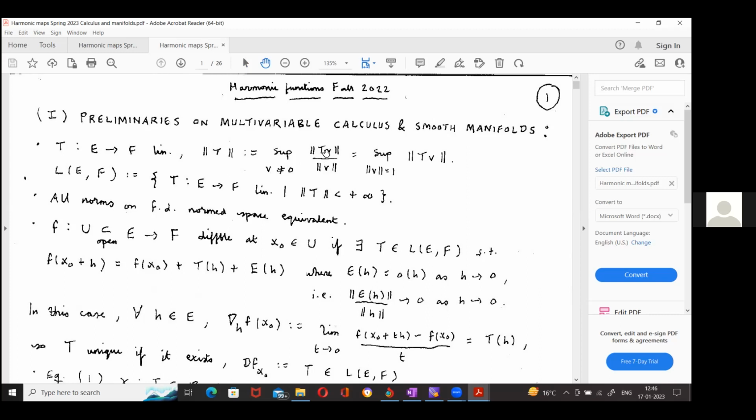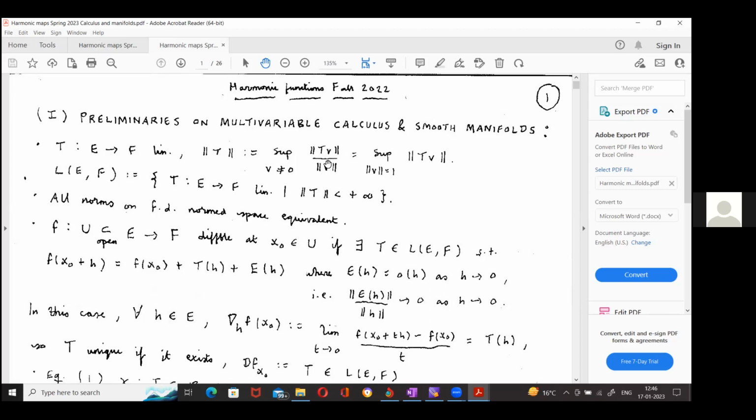This is the length of the image vector divided by the length of the domain vector. So this ratio tells you how much T stretches the vector v. It's the stretch factor for the vector v. And then you take the supremum of the stretch factors. So this norm of T is the maximum stretching of the linear map T.